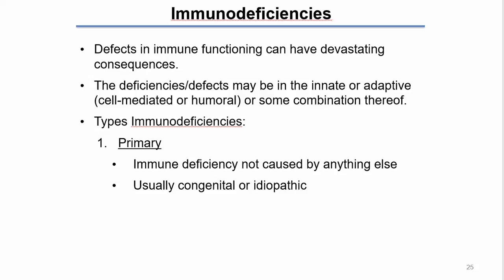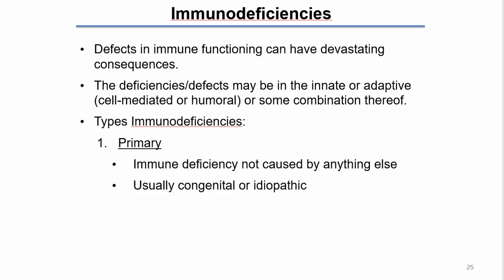Now, the deficiencies could be in the nonspecific, innate, or it could be in the specific. It could be in the T lymphocytes. It could be in the B lymphocytes. So it could be humoral or cell mediated. There's probably every step there is some disease that is a deficiency because of a breakdown of that step.